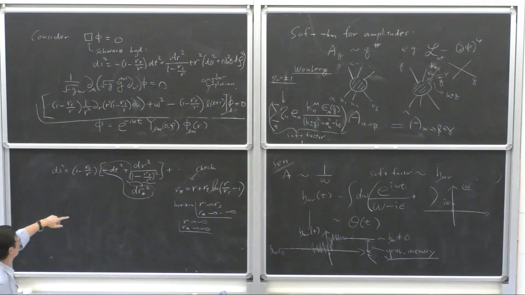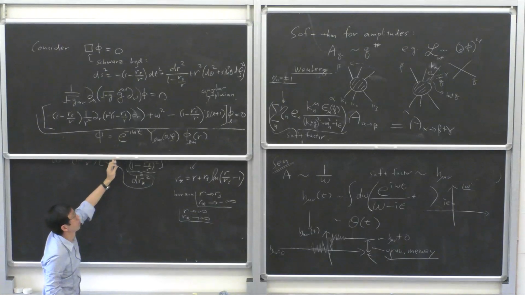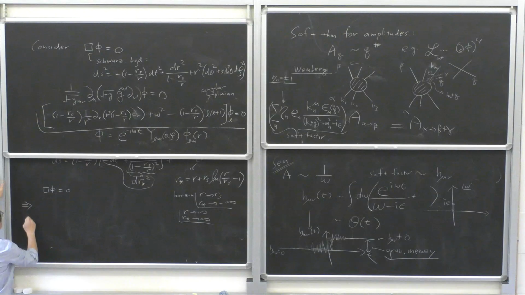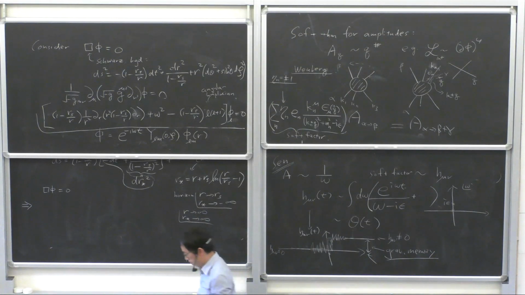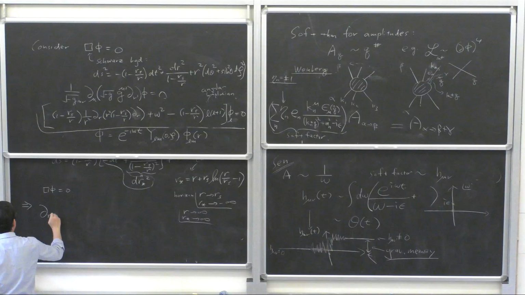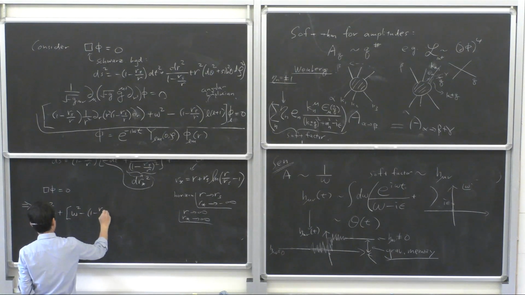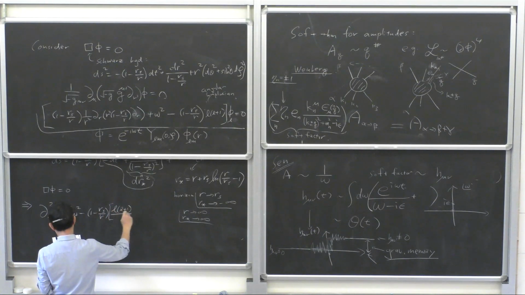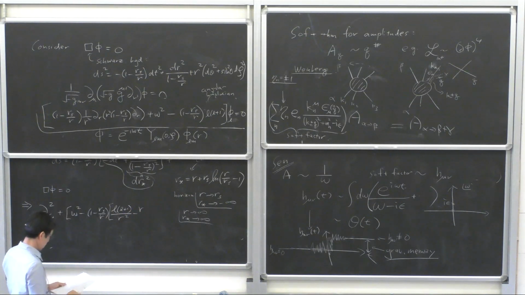My claim is if you use this r star, you can simplify this enormously. The equation box phi equals 0 implies, and then I'll just make a few comments, and then we'll continue tomorrow. The equation looks like this. d r star squared plus omega squared minus L(L plus 1) over r squared, sorry, did I do this wrong?